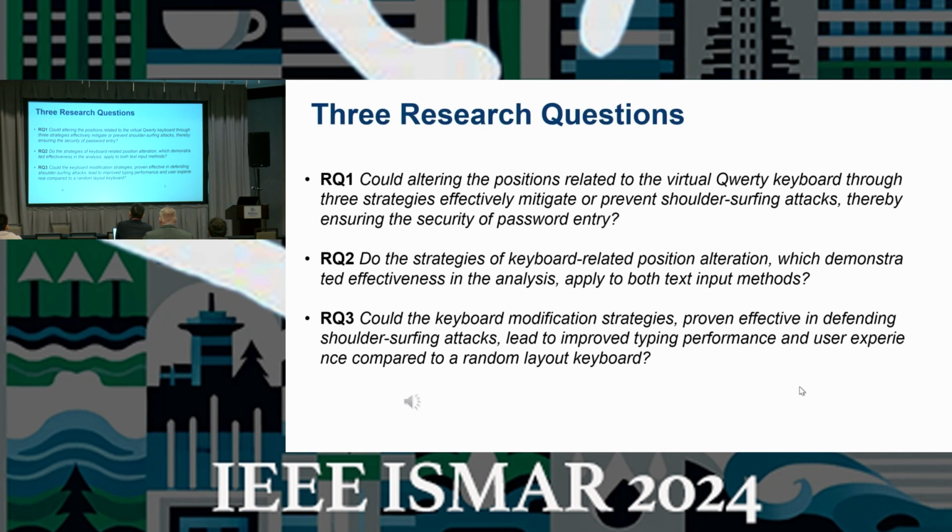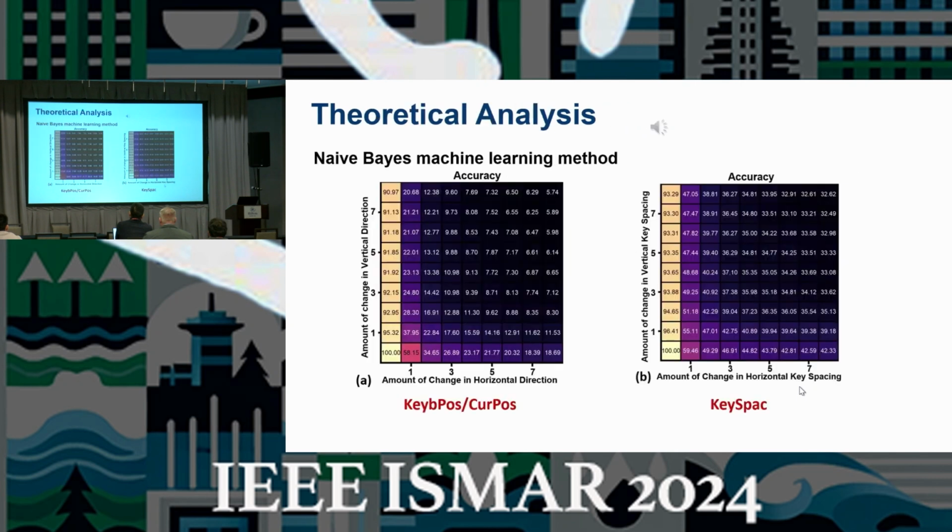We utilized the naive Bayes-based machine learning method for our analysis. We randomly adjusted the variation of keyboard, cursor position and key spacing within a predefined range, recording all key positions on the keyboard at each variation. For this, we employed the naive Bayes algorithm to create a predictive model.